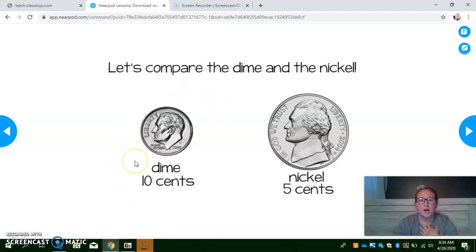So, these are the faces. We see that the dime has, I have to have my little cheat sheet here.